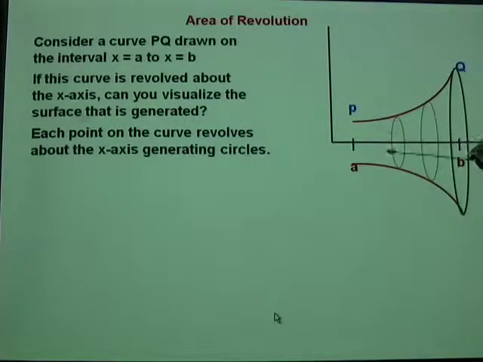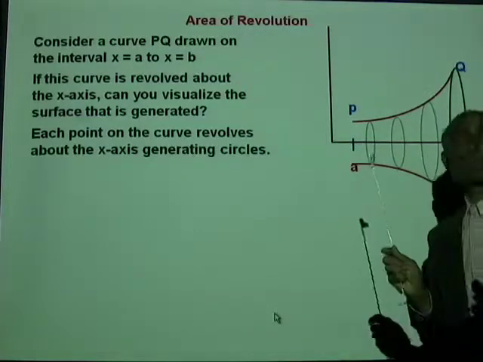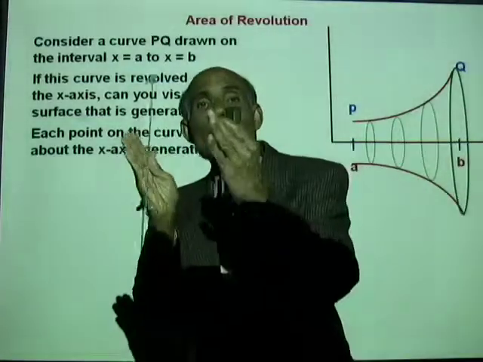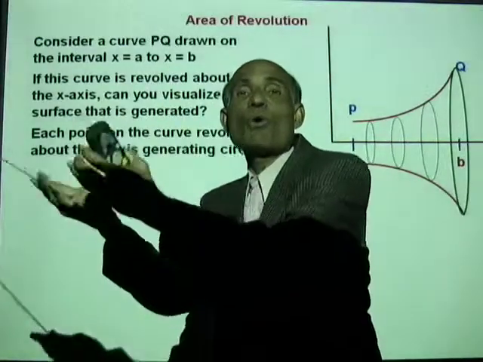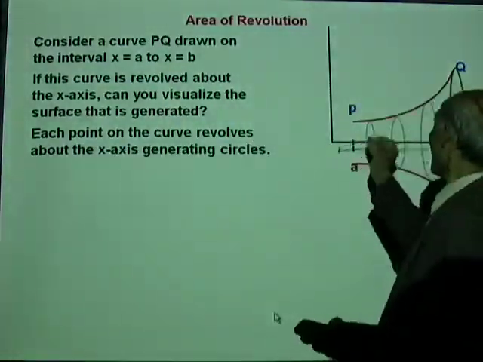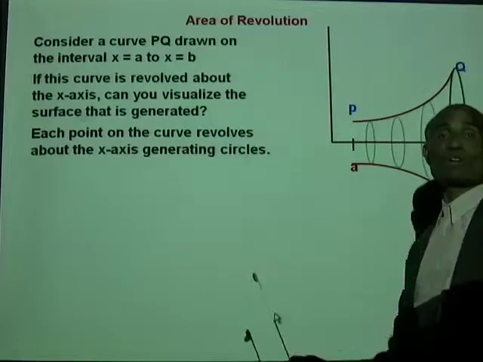Another point revolved, you generate another circle. And so on. You can take an infinite number of points and revolve them about the x-axis, generating circles. That means these circles are generating that whole surface. Can you visualize what the whole surface looks like?